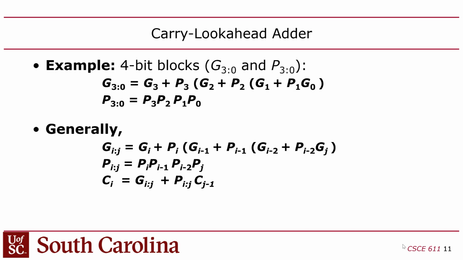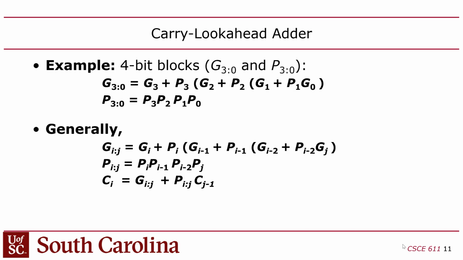Okay, so that's the generate, and the propagate for the block is going to be, in other words, I want to know if I had a carry in, like for example, carry in 0, would that carry in propagate all the way through?